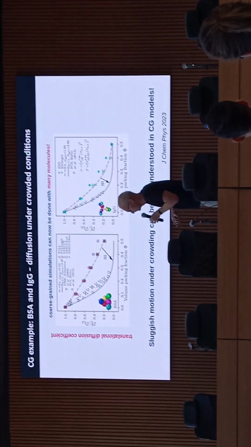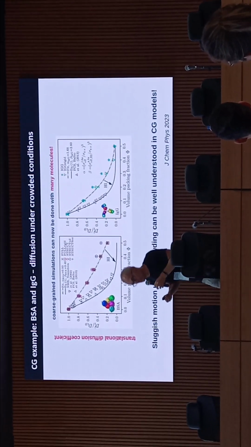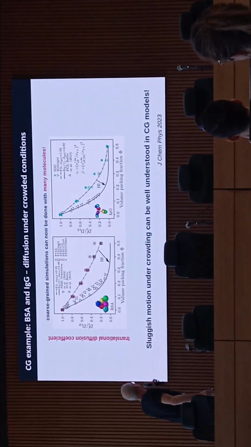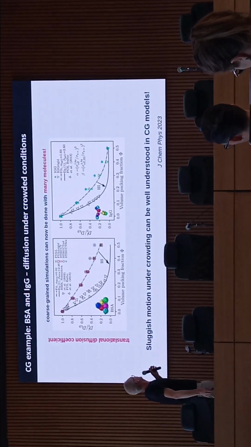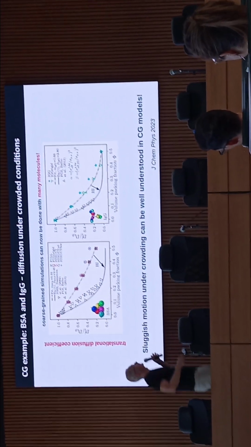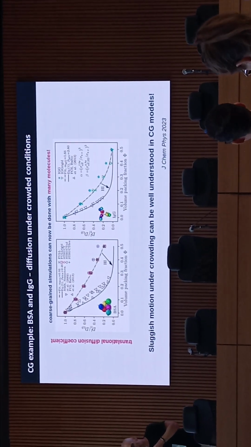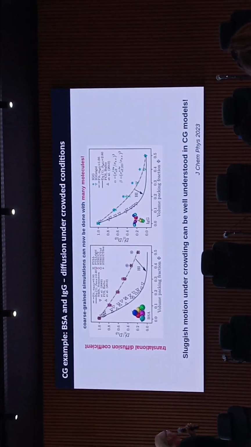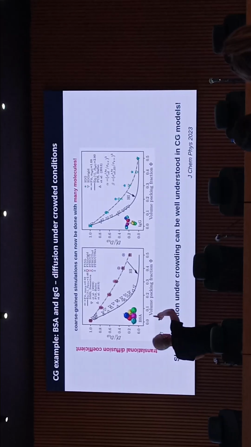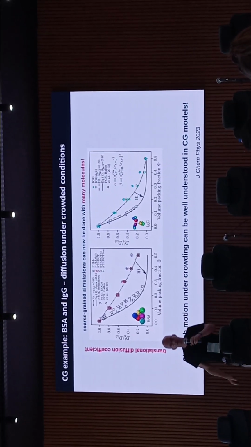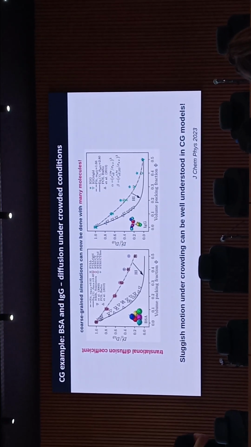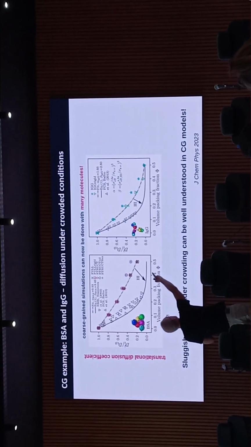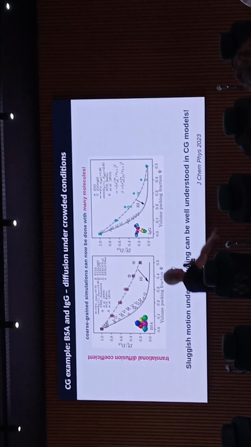As I told you, flow is very important in these systems, and the prerequisite to flow is to study diffusion, the random walks of these particles in their own solution. And this is a strong function of the volume packing fraction in the system, and in biological systems, you're around here, 30 to 40%.